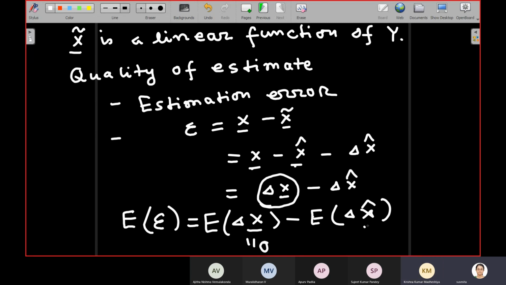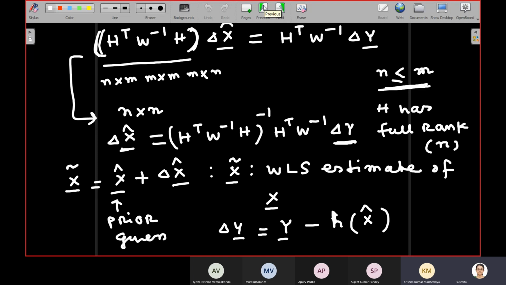How about this one? So the mean of delta x hat. See the first term, this one, H transpose W inverse H transpose whole inverse H transpose W inverse. This is not random because H is a deterministic matrix, W is the covariance, W is not random. So the first term is not random.